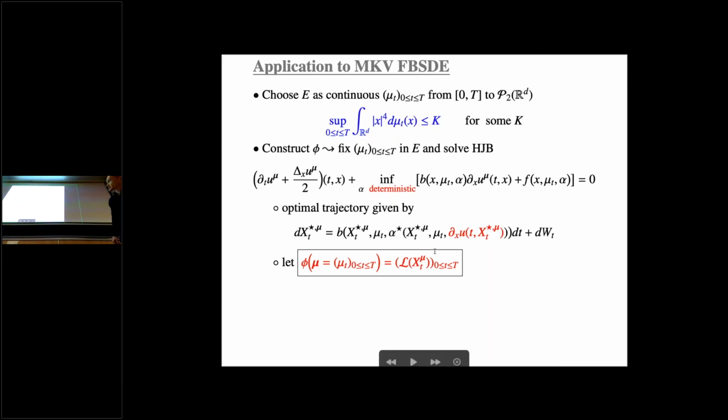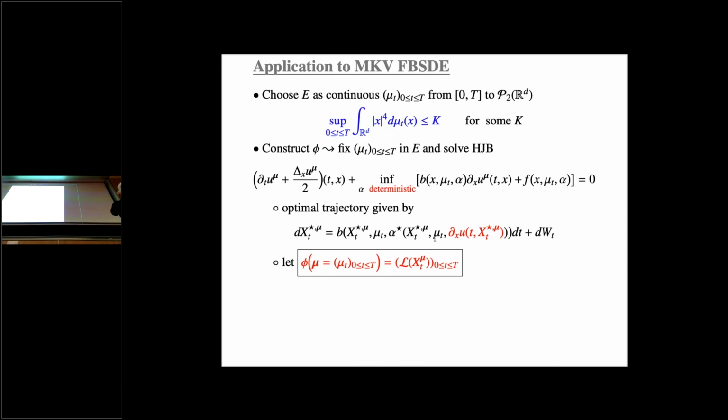So it says that here you can control uniformly the growth of dxu, so of the derivative of the value function, and then you can control uniformly the growth of the optimal feedback function, and so you can control uniformly the moments of the solution. And so you close the loop because you say, I have an input with fourth moments that are going to be bounded by K. And by tuning K well, depending on the stability properties of HJB, I'm going to say that, in fact, I also have that the outputs are in the same subset.